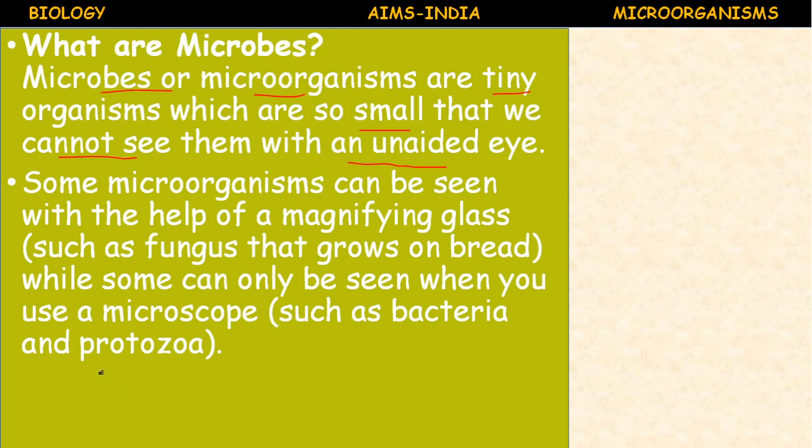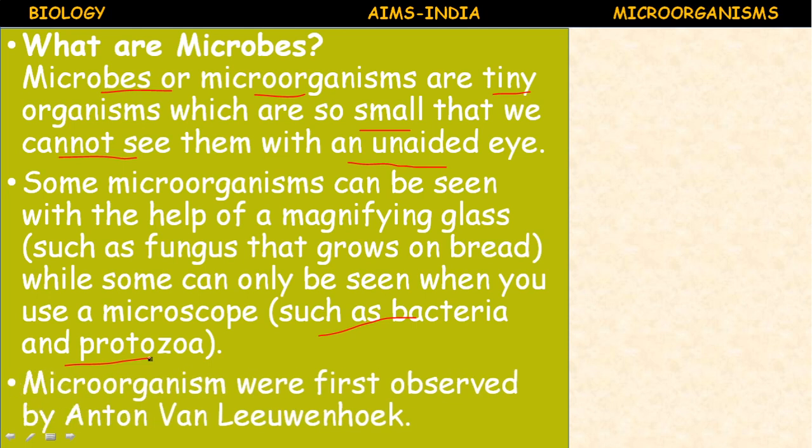In the science laboratory sometimes you might have observed some slides. Such organisms which we can see with the help of a microscope are unicellular organisms like bacteria and protozoa. Protozoa are unicellular animals.